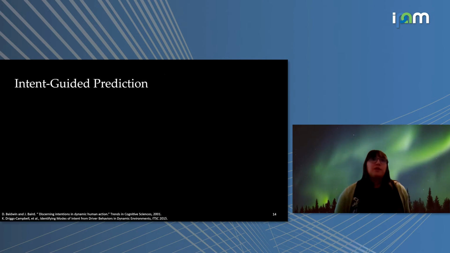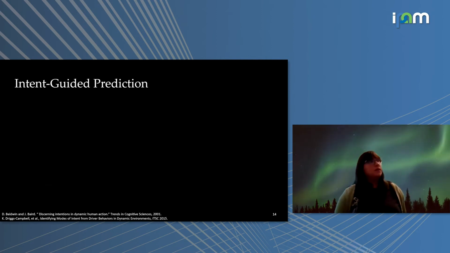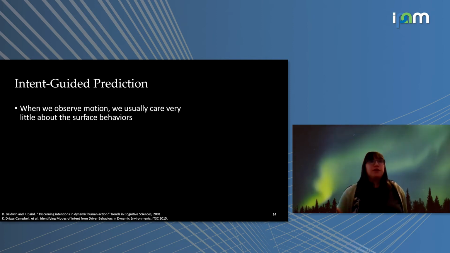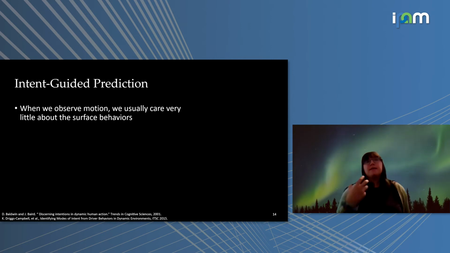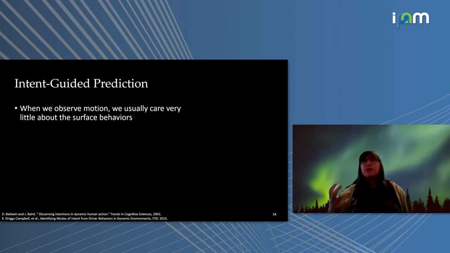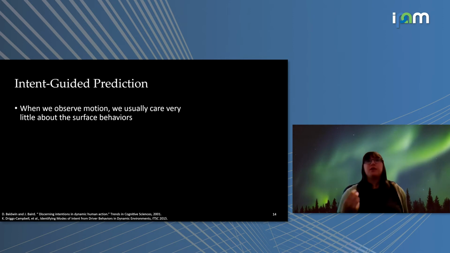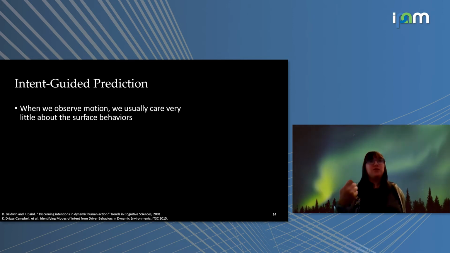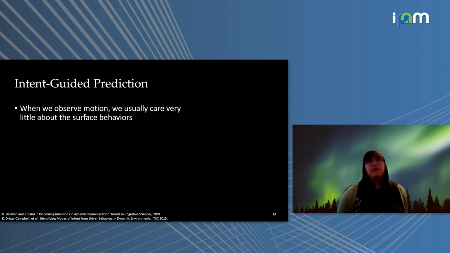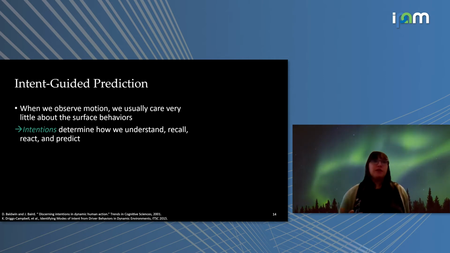And as a quick motivation for intent, when we as people observe motion, often we actually care very little about these surface behaviors. As people are observing other agents or interacting, we don't actually know the physical state of the agent, but we often care about higher level ideas like intentions.